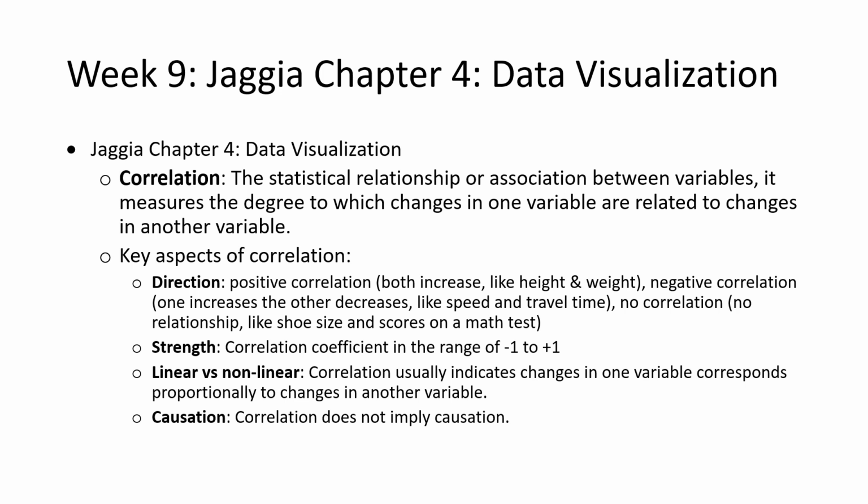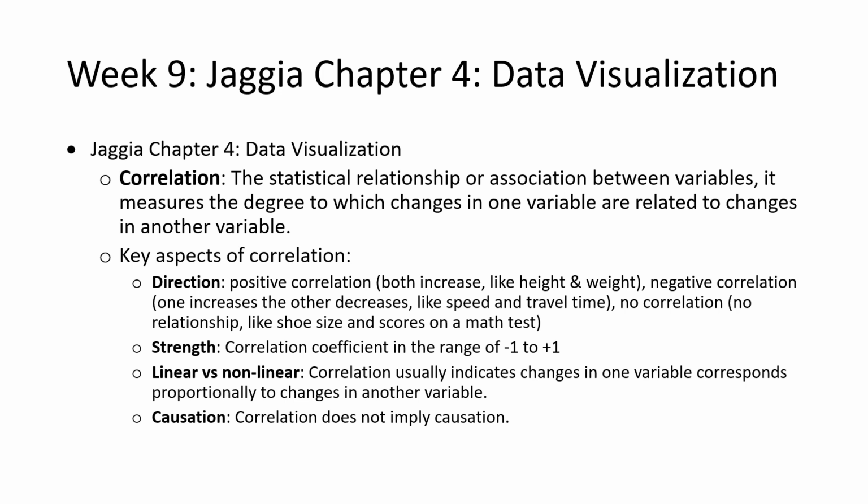And we talk about these in ways such as direction, meaning is there a positive correlation? They both increase at the same rate or similarly, right? Or is there a negative correlation? As one increases, the other decreases. Or is there no correlation at all? They don't seem to affect each other at all.